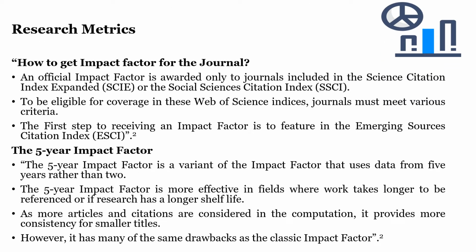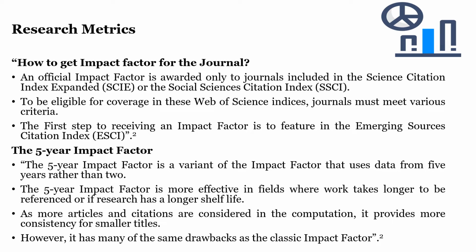So the question arises: how to get the impact factor of a journal? An official impact factor is awarded only to the journals included in the Science Citation Index Expanded or the Social Science Citation Index. To be eligible for coverage in these Web of Science indices, journals must meet various criteria.